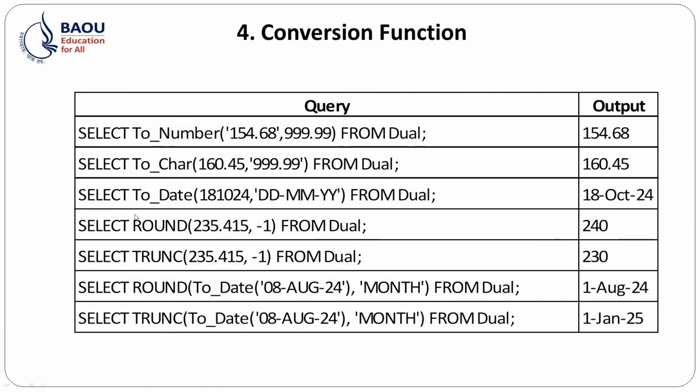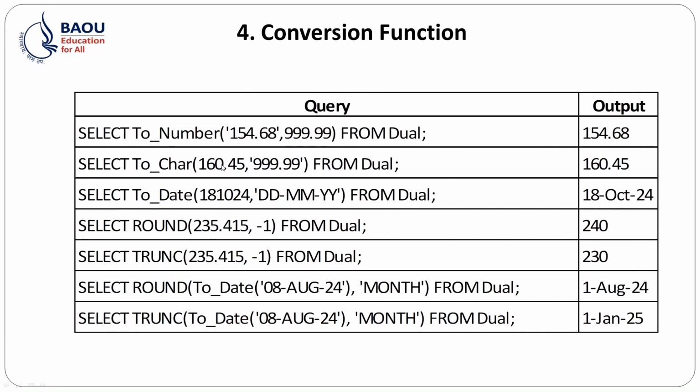See, the query and output of the conversion function are shown in this following table. Here select to number and then a single quoted number. It will display in numeric format, that is this. The single quotation means string and this one is a number.